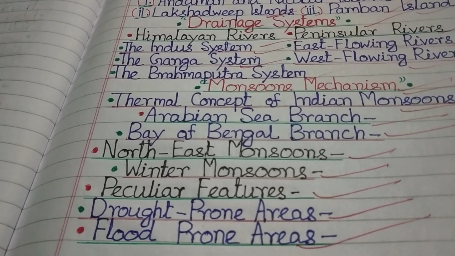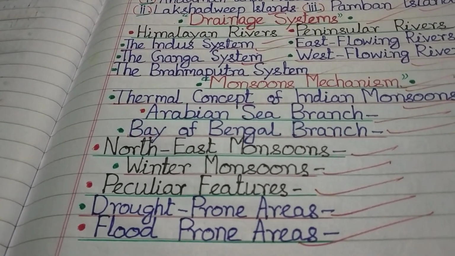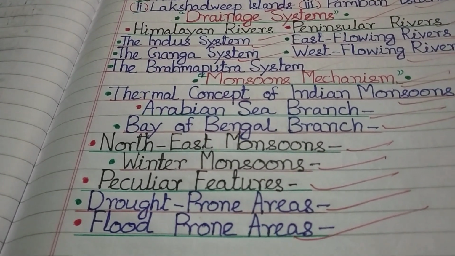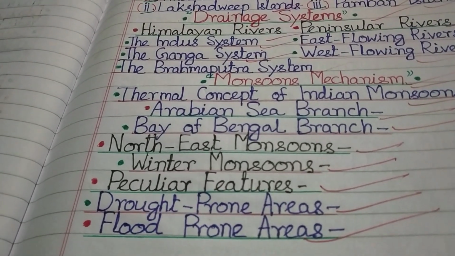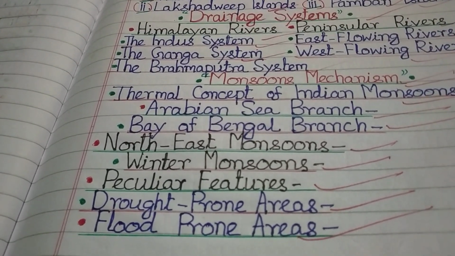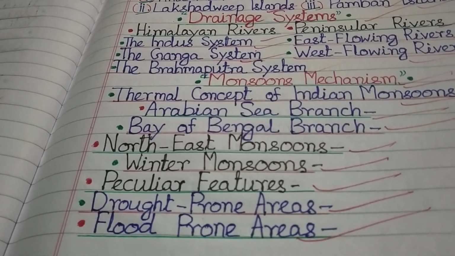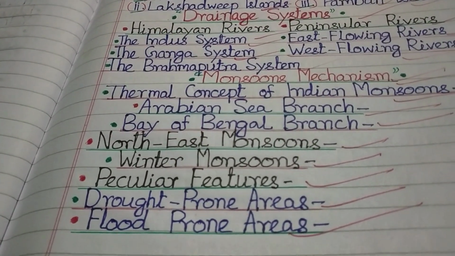So, the thermal concept of Indian monsoons: differential heating of land and sea, at the same time when the sun makes an apparent northward movement, is the main cause of the Indian monsoonal rhythm.